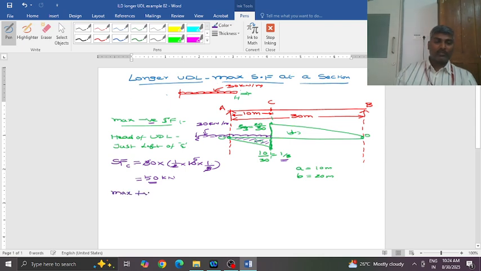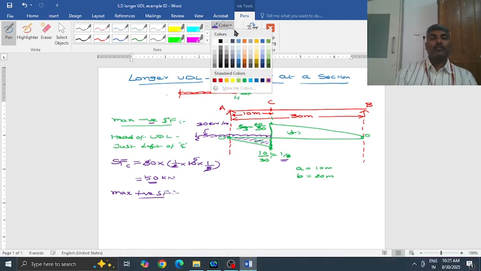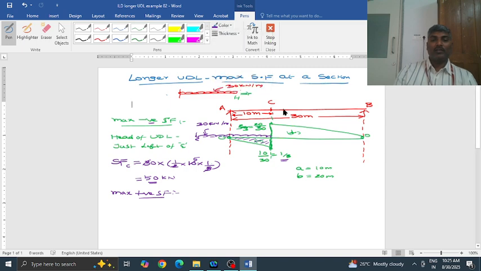Now let us calculate maximum positive shear force. For positive shear force, you see that the positive ILD is this one, which is hatched. So this is the positive ILD available.